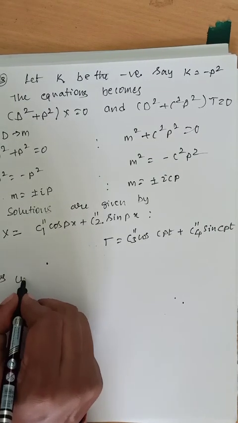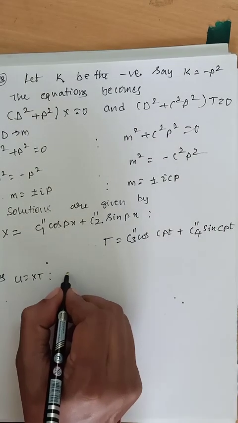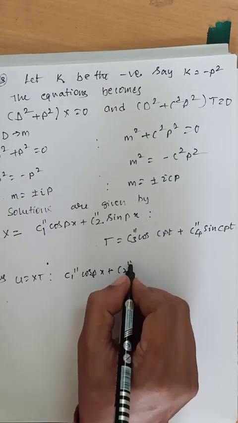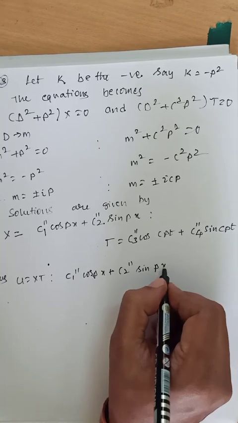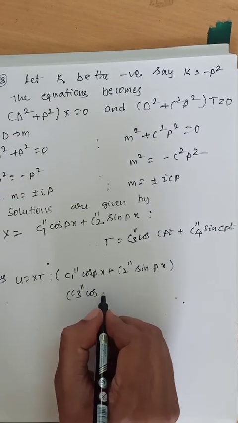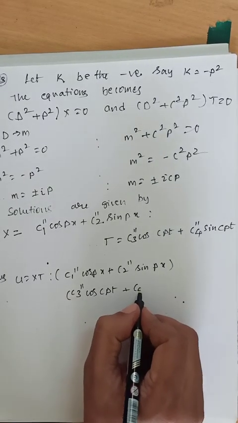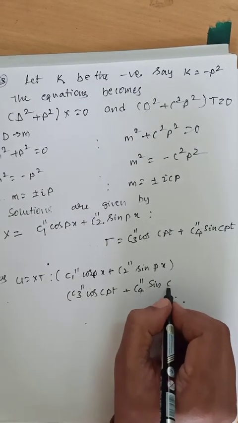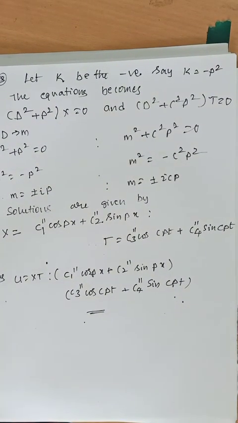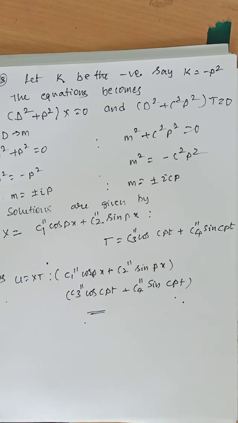Thus u is equal to x t means (c1 double dash cos px plus c2 double dash sin px) into (c3 double dash cos cpt plus c4 double dash sin cpt). So these are the various possible solutions of the one-dimensional wave equation. This proof is for 10 marks. Write this down.